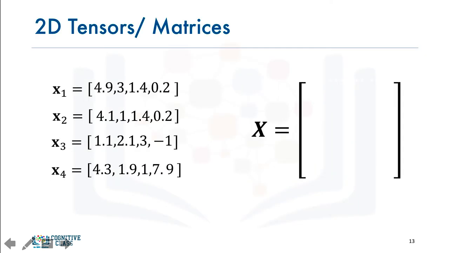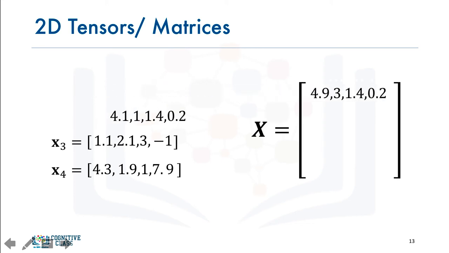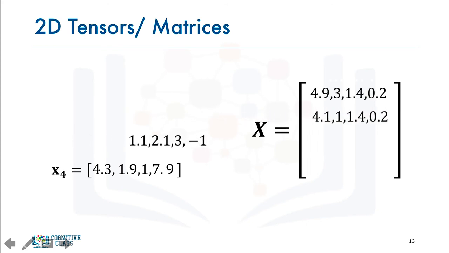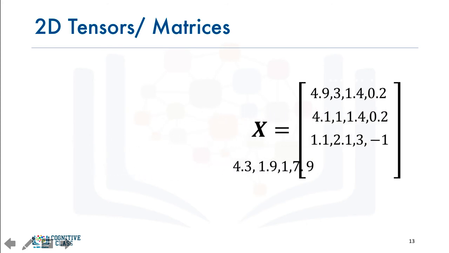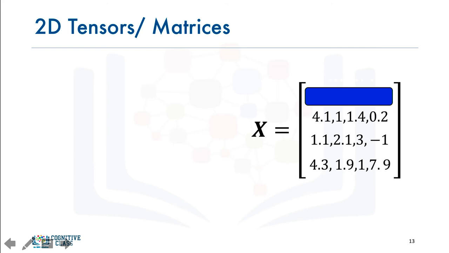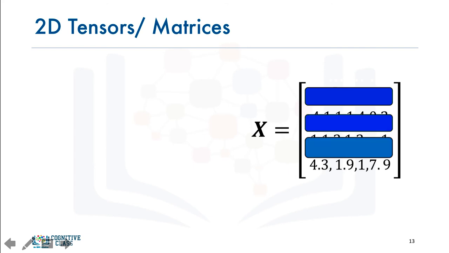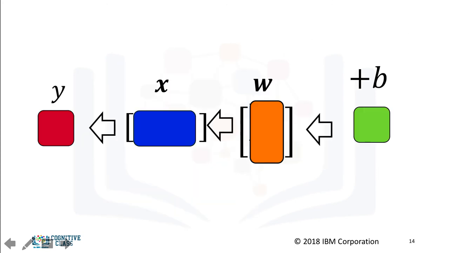We can also perform multiple linear regression on multiple samples. We simply use the matrix or tensor X, where every row in the tensor X represents a data sample, as follows. We'll use the color to represent the different samples. Let's see what happens when we replace the vector x with a matrix.